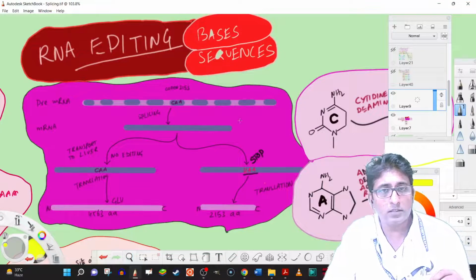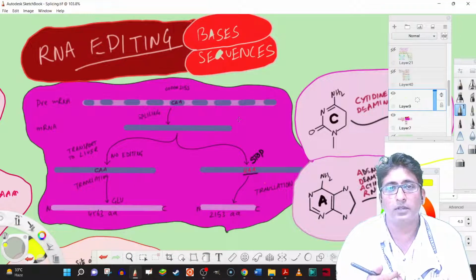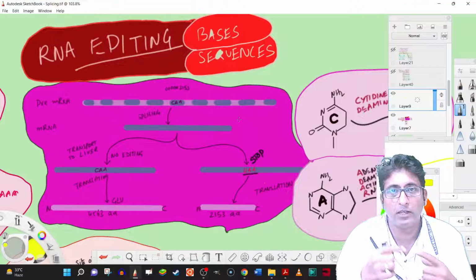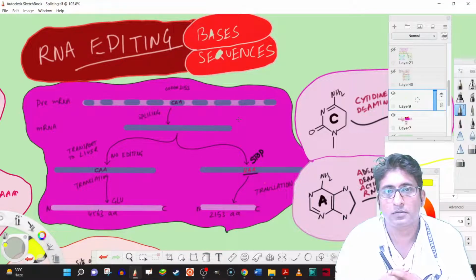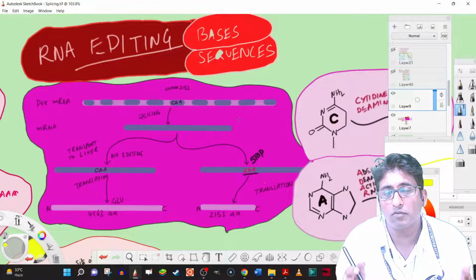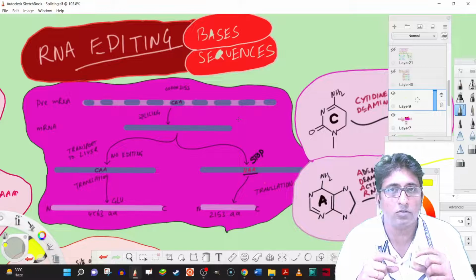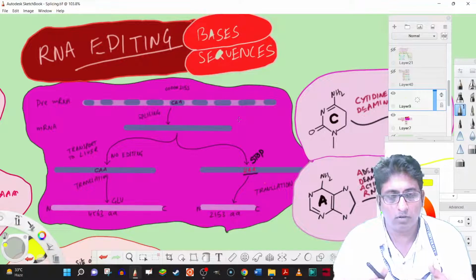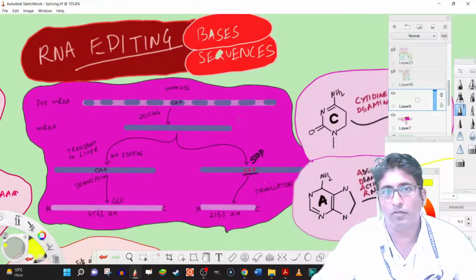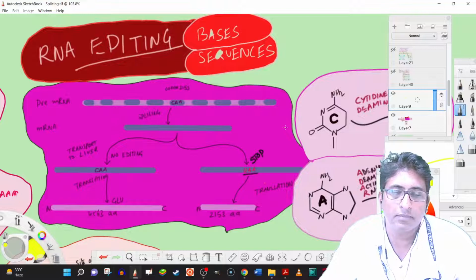There are two ways. One of them is a kind of substitution, where you're changing the base sequence by altering some groups. You're not changing the number of bases, only the composition, the nitrogenous base. It's not a prevalent one, not found everywhere, but it can be done.